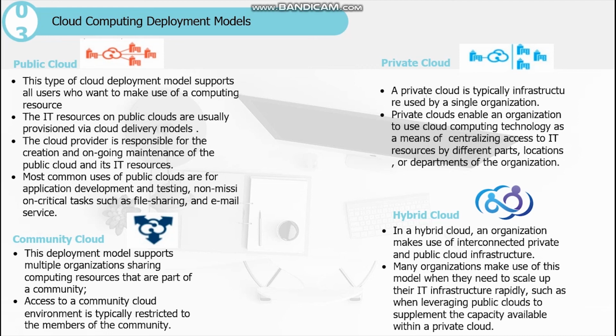And the third cloud is the hybrid cloud. In a hybrid cloud, an organization makes use of interconnected private and public cloud infrastructure. Many organizations use this model when they need to scale up their IT infrastructure rapidly, such as when leveraging public cloud to supplement the capacity available within a private cloud.